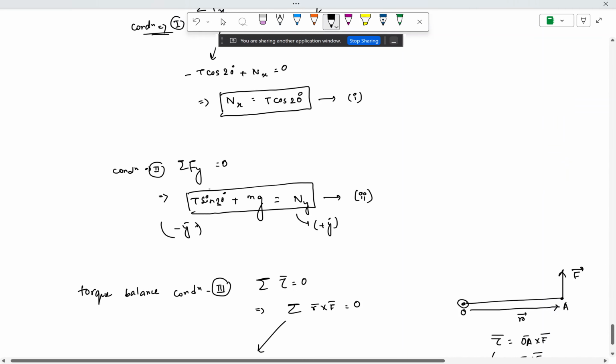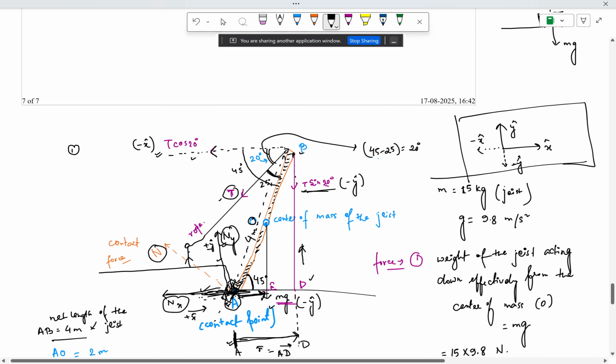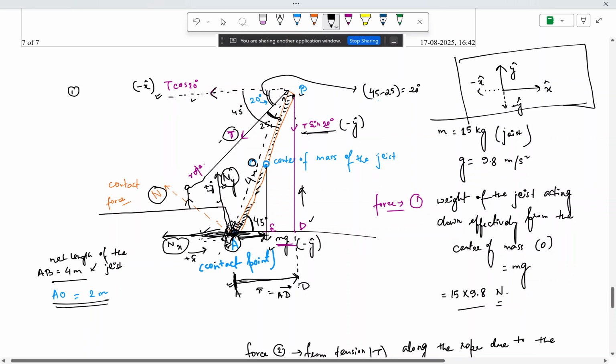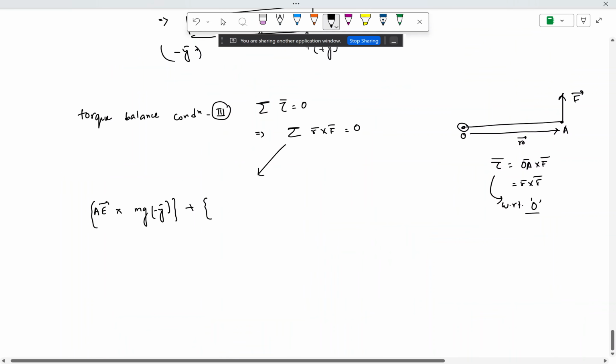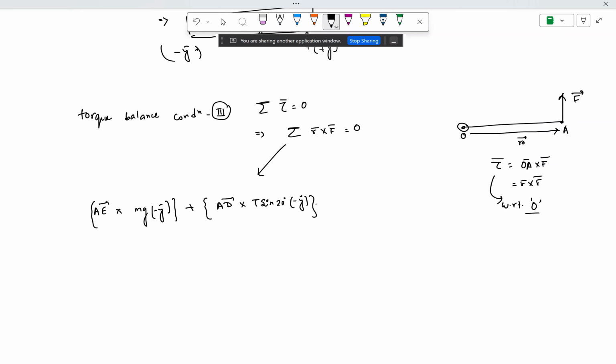now another component: T sin 20 degree has this effective vector as AD vector, and this is T sin 20 degree in the minus y cap direction. So this is AD vector cross T sin 20 degree in the minus y cap direction.